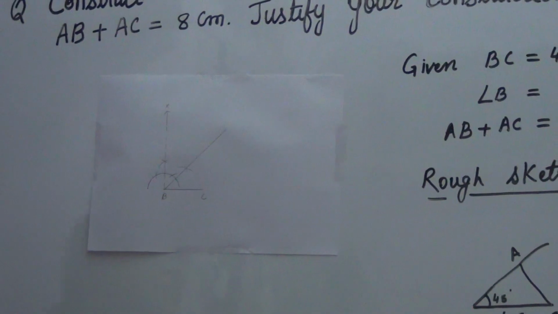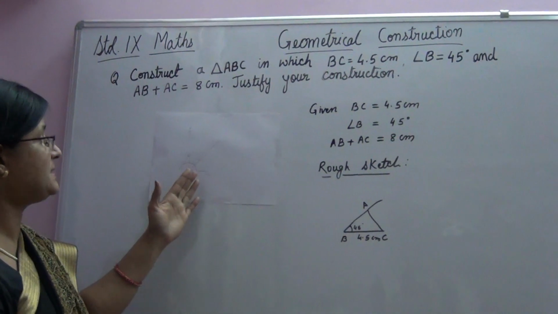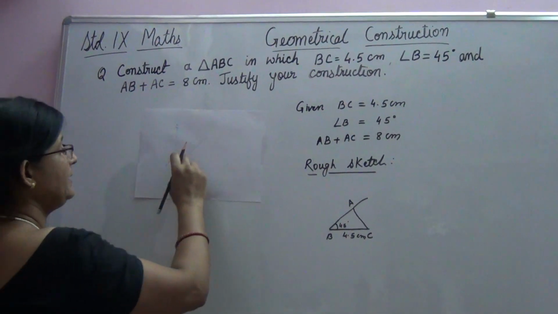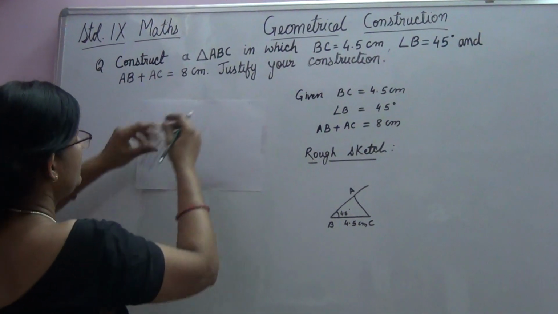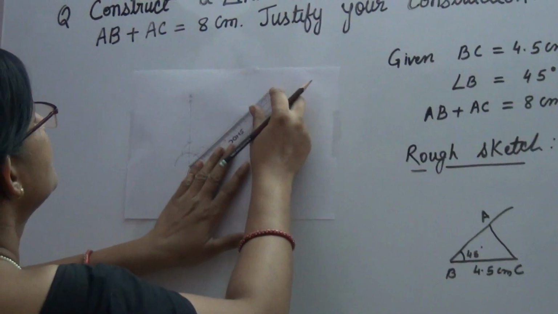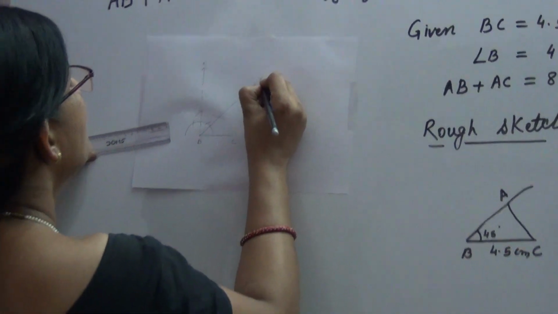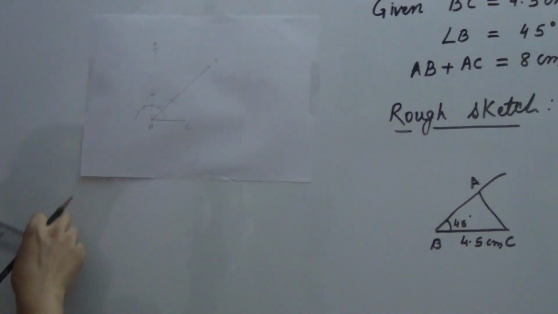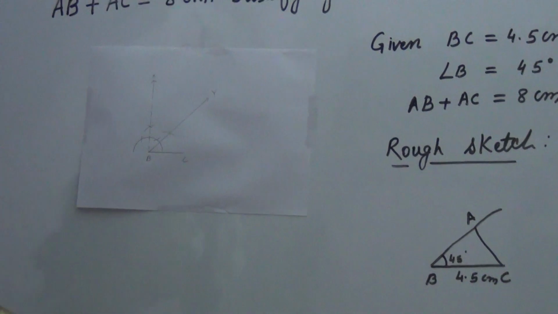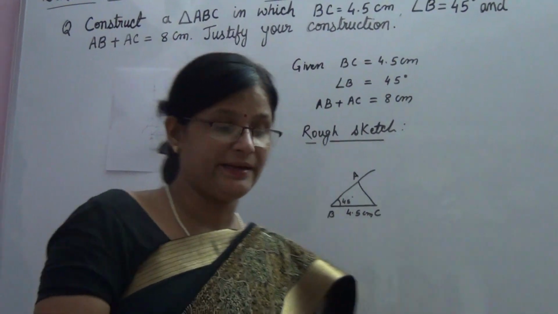Now children, it is given that AB plus AC, that is, A is lying here anywhere on this line. So we can name it as Y, as we have already taken X. Now AB plus AC is equal to 8 centimeter.